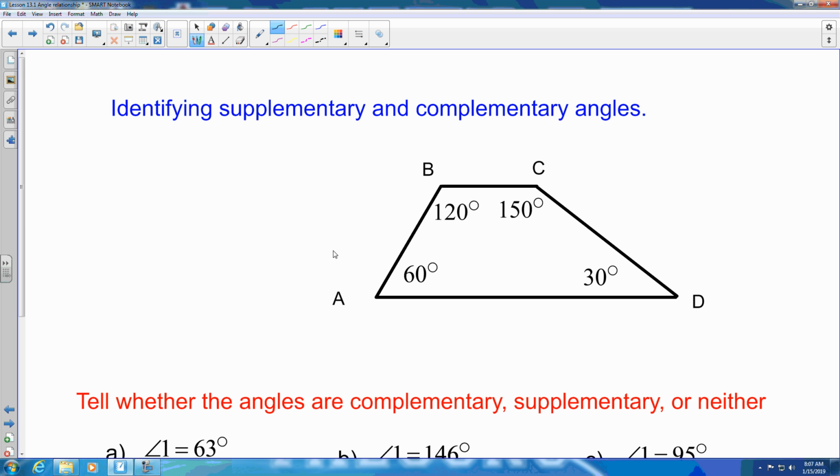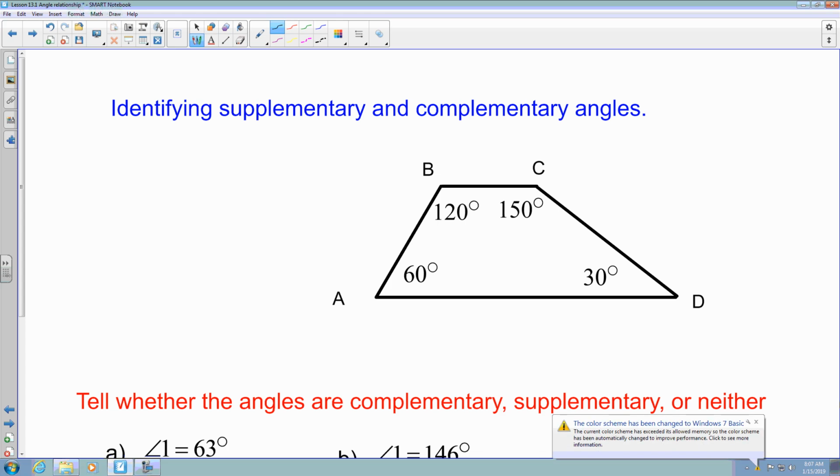What you'll be asked to do occasionally is you'll be given a polygon that has interior angles, whether it's a quadrilateral, pentagon, stuff like that. And they'll have different angles to help represent the shape. Sometimes they're going to ask, where are the complementary angles? Where are the supplementary angles? So we'll look at complementary first.